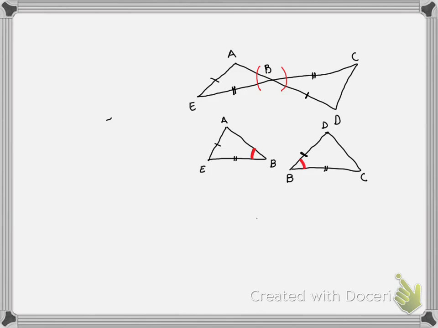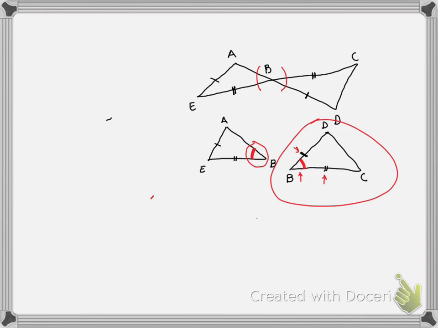Well, it looks like over on the right, we've got SAS, we've got the side, the angle, and the side, but the triangle on the left, our angle is misplaced. See, when you separate those triangles and you mark them accordingly, it's really easy to see that those triangles are not congruent by anything.